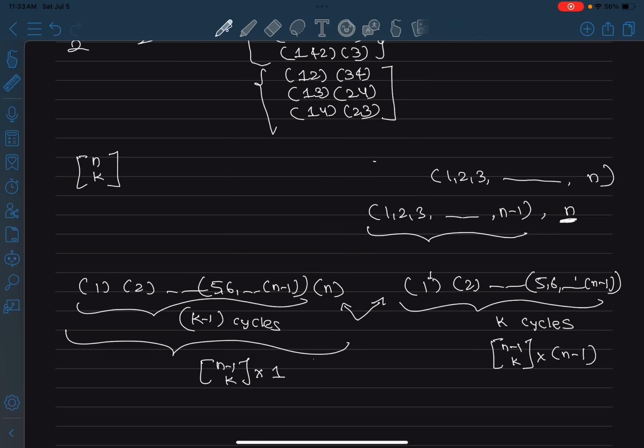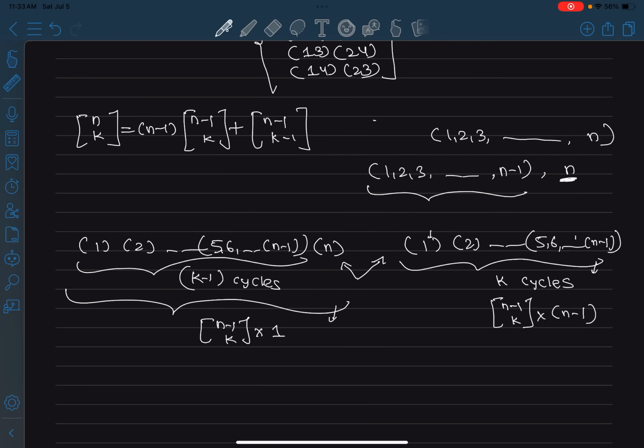From this scenario I just have one choice, and adding both of them up, we can actually get the recurrence. So this becomes n minus 1 times the n minus 1, k term, plus the n minus 1, k minus 1 term. I don't know how good I was at explaining this recurrence, but now we have it over here. So guys, try to understand it on your own. If you did good, otherwise let's just take the recurrence and proceed ahead.